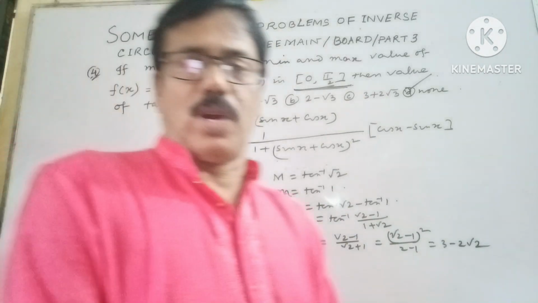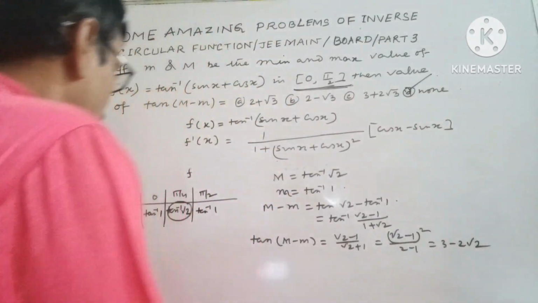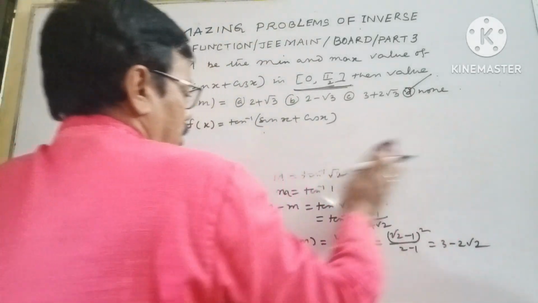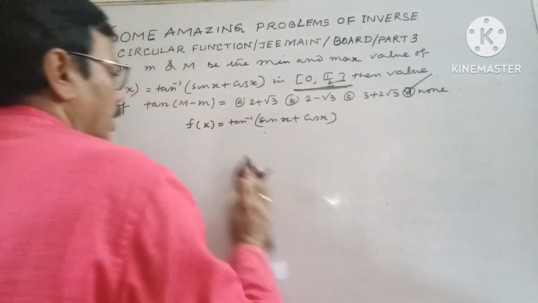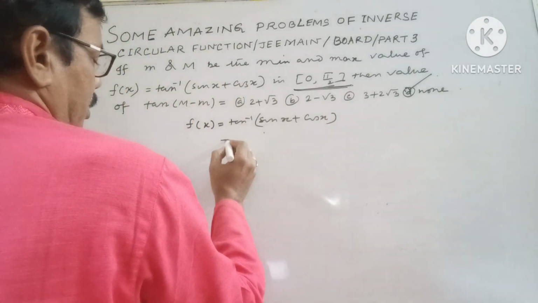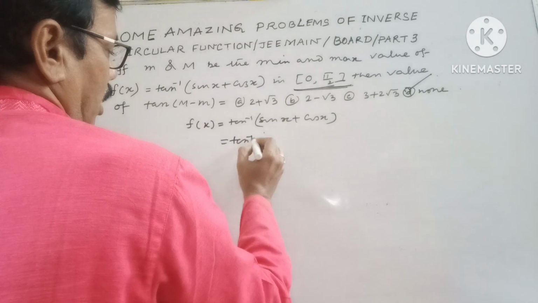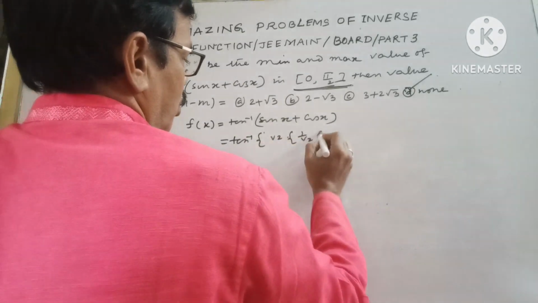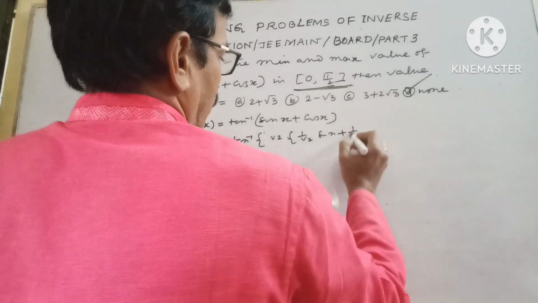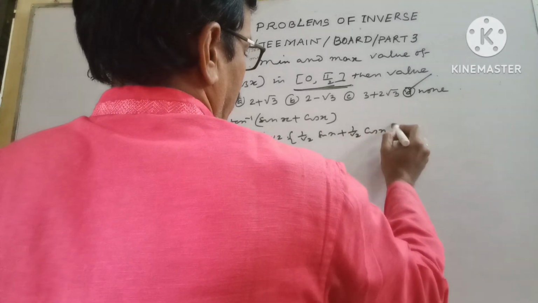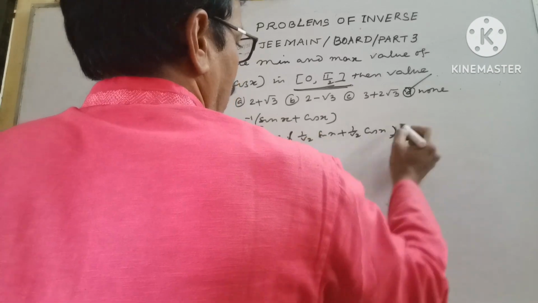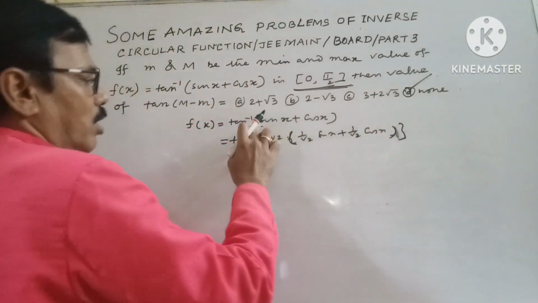Now there is also another method to find the maximum and minimum value. Try to recall by expressing it as tan inverse of root 2 times (1 by root 2 sin x plus 1 by root 2 cos x). You know this process, you have to divide throughout by root of a square plus b square.